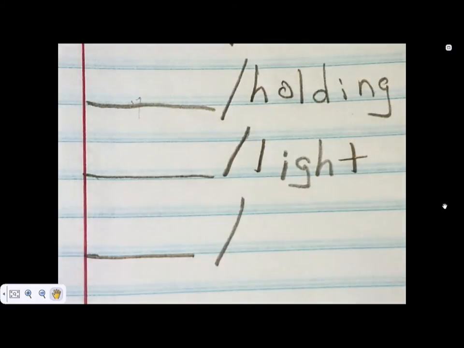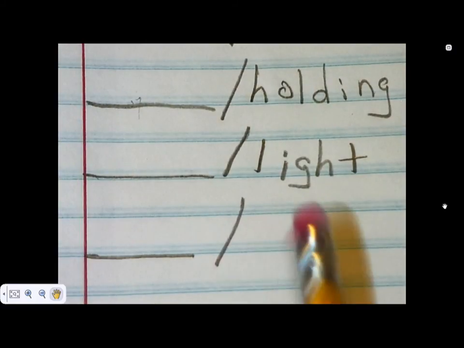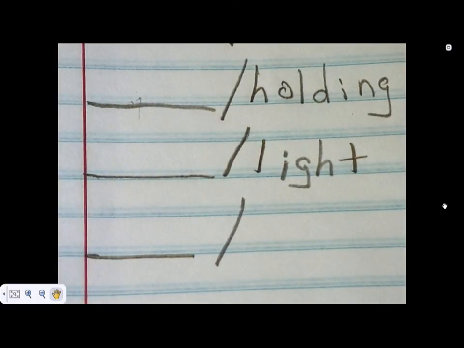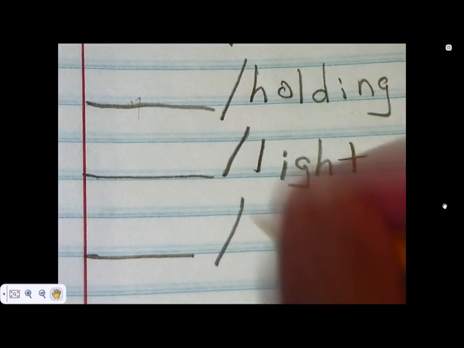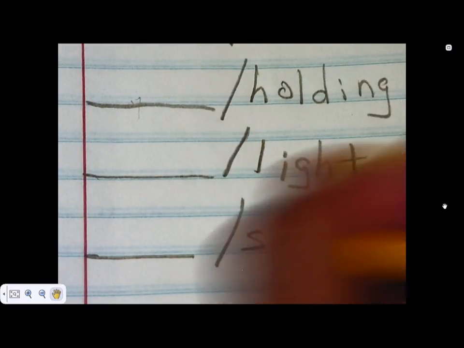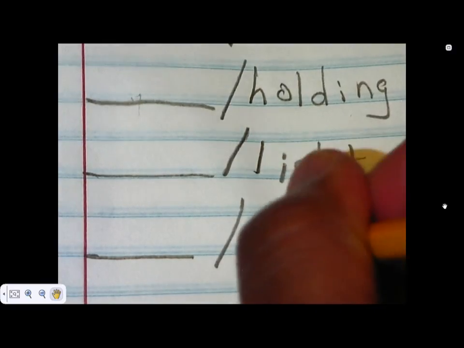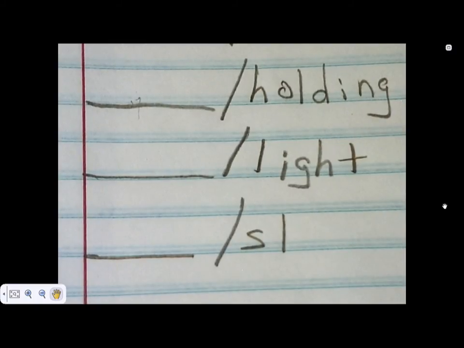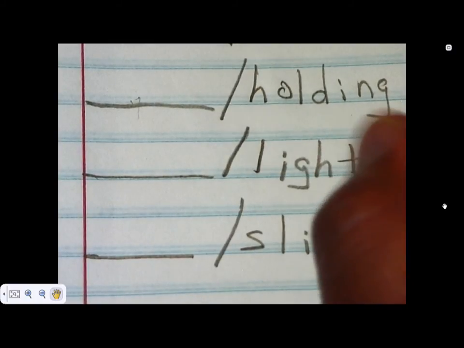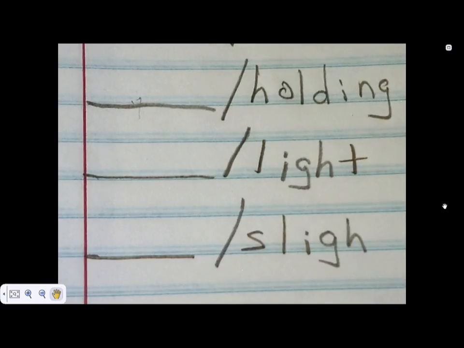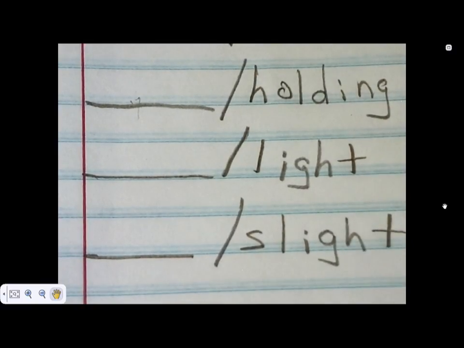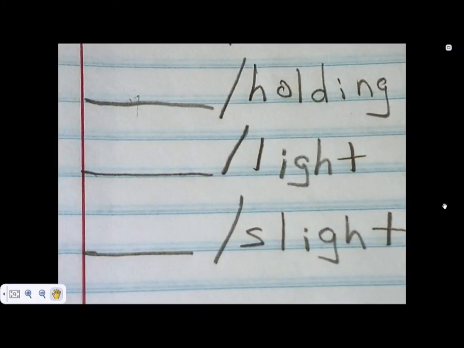That's going to be the separation between what you attempted and the correct spelling. The word was slight. I told you today we're spelling I-G-H. And that is the word slight. Okay?